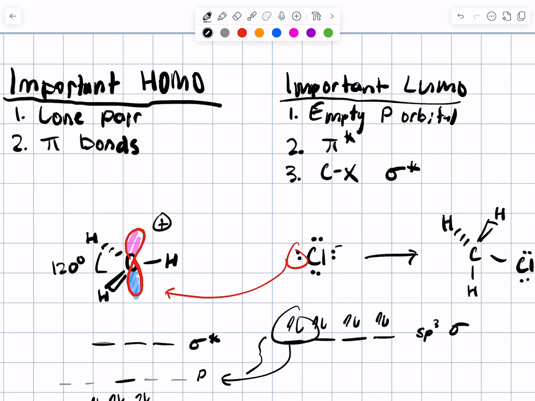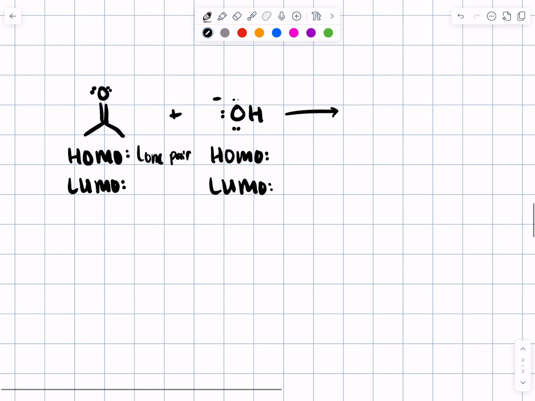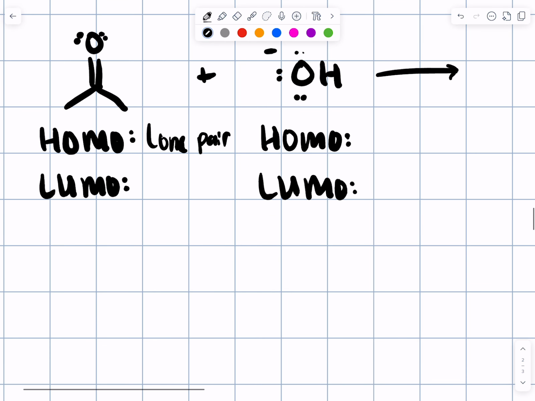For LUMOs, we're looking for empty p's, pi stars, or CX sigma stars, in that order. I don't have any empty p orbitals, but I do have a pi bond. Every pi bond has a pi orbital, and every pi orbital has a corresponding pi star orbital. So that's going to be our LUMO, that CO pi star orbital.